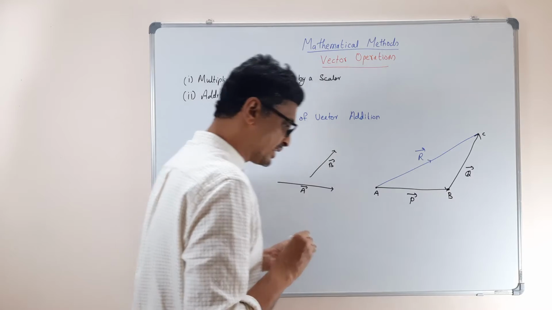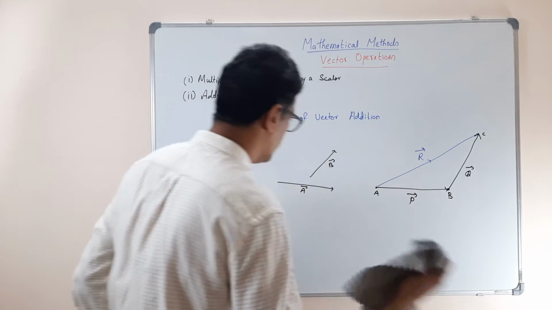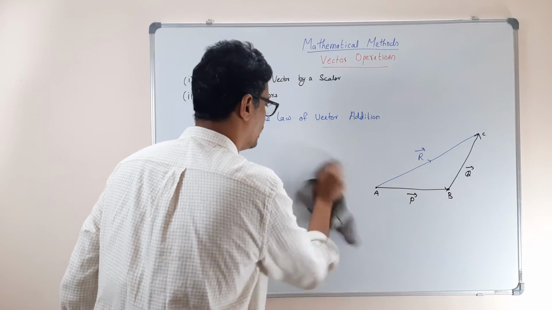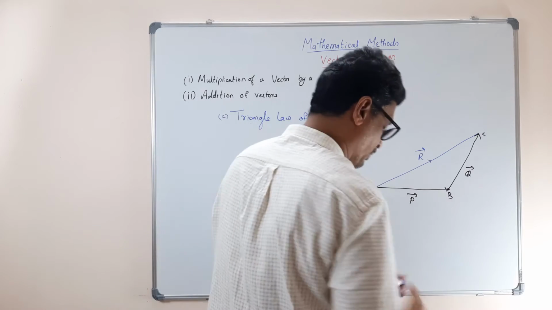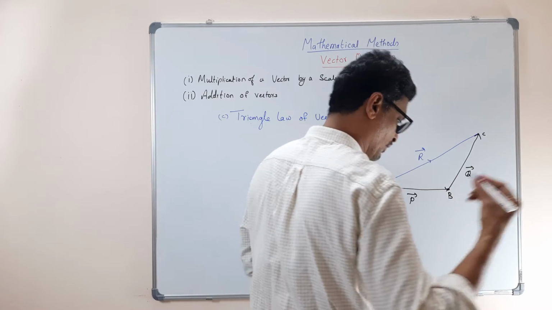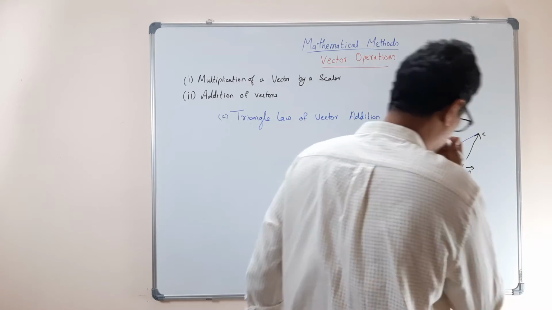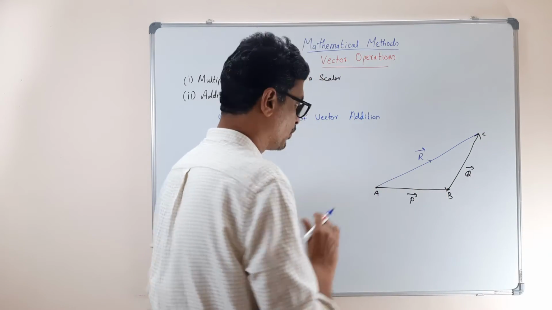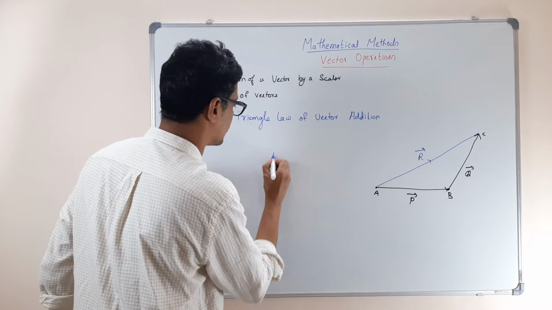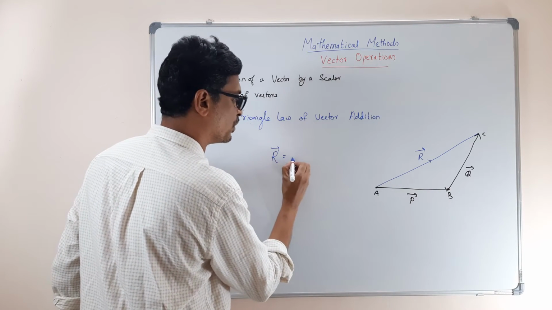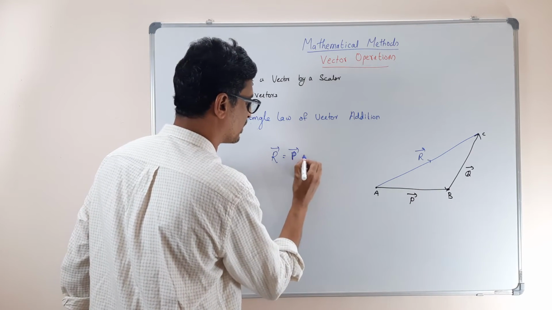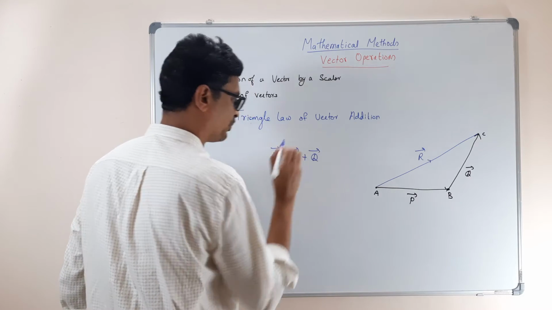Okay, so what your triangle law says is that the R vector will be, they have given AB there, anyway forget it, the symbols are the same. So your R vector will be equal to P vector plus Q vector.